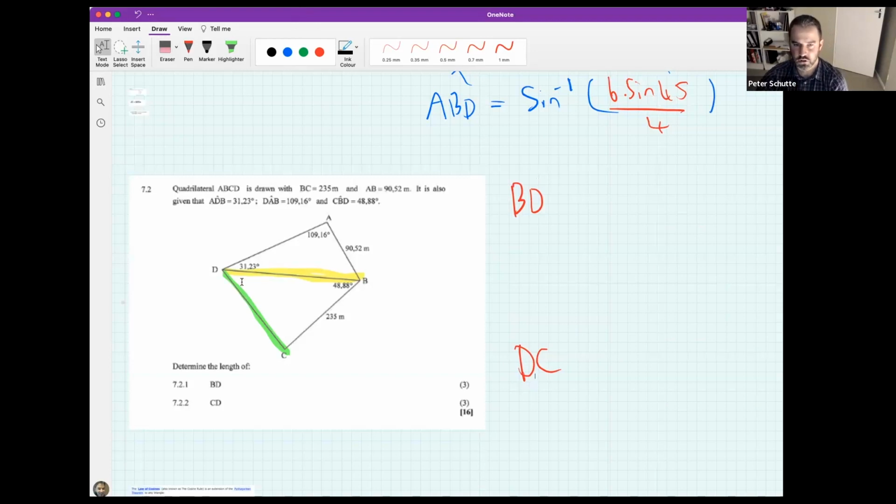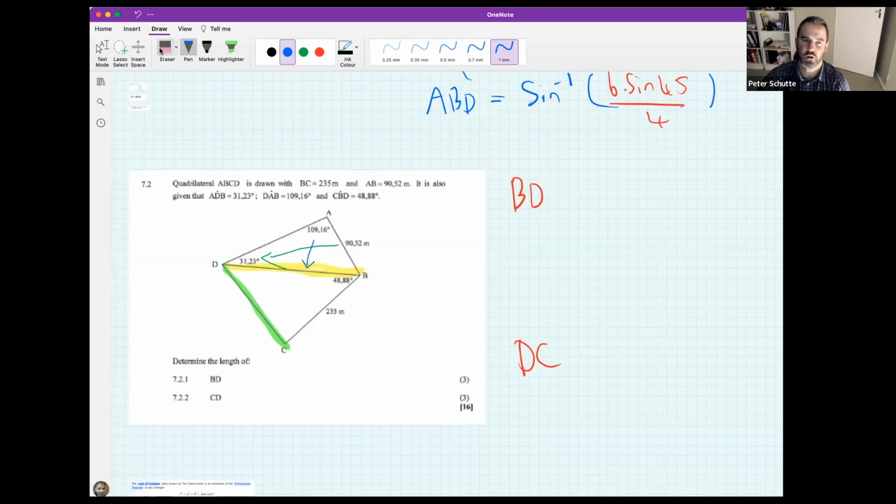Kevin says, use the sine rule for BD. Kevin, I think I agree with you, because I see the matching pairs. Like I see the side and the angle, and I see this angle, which is opposite the side. What I don't see is where two sides are the included angle, which is like the trademark of the cos rule. And so I think you're onto something trying to find BD using the sine rule.